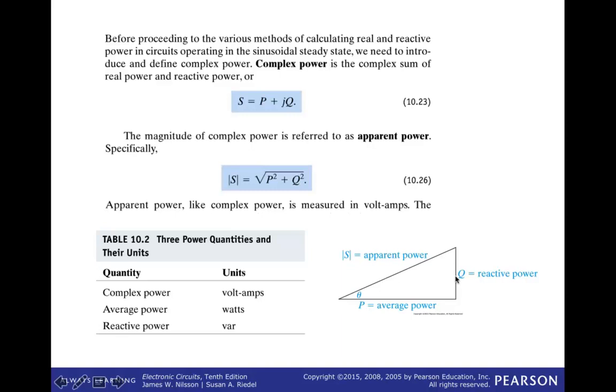In place of Q, it would have X, the reactive part of the impedance, and in place of the magnitude of S it would have the magnitude of Z. So if you know the relationship between the real and reactive parts of the impedance in the load, then you don't have to recalculate Q. Once you have P, you can use ratios in order to find Q if you choose.